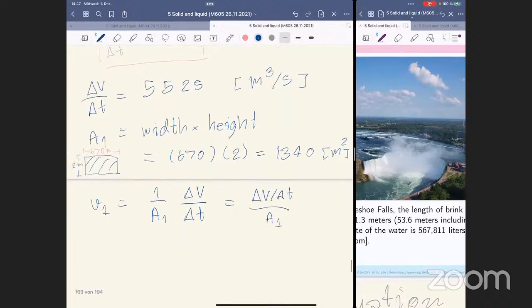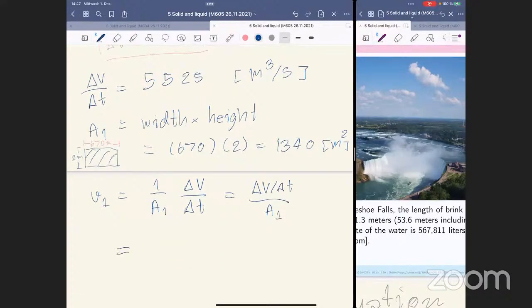The numerator is 5,525, and the denominator is 1,340.